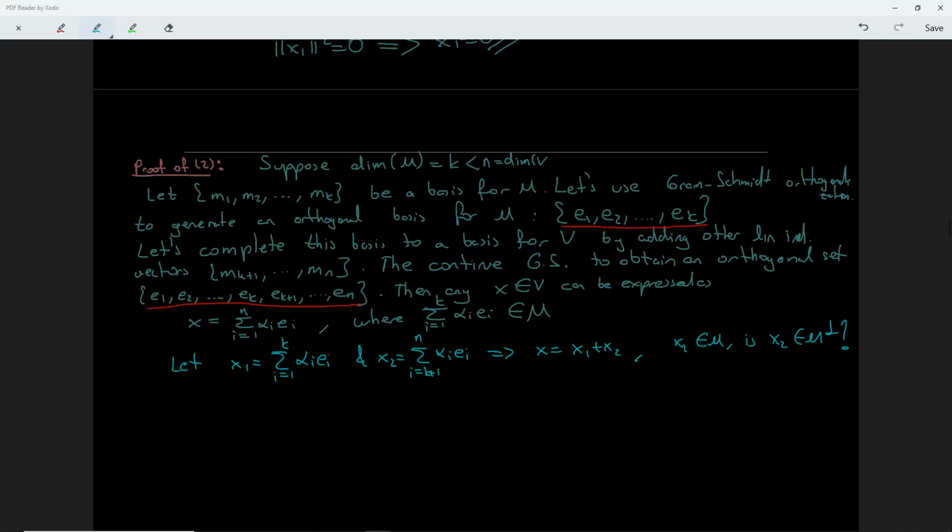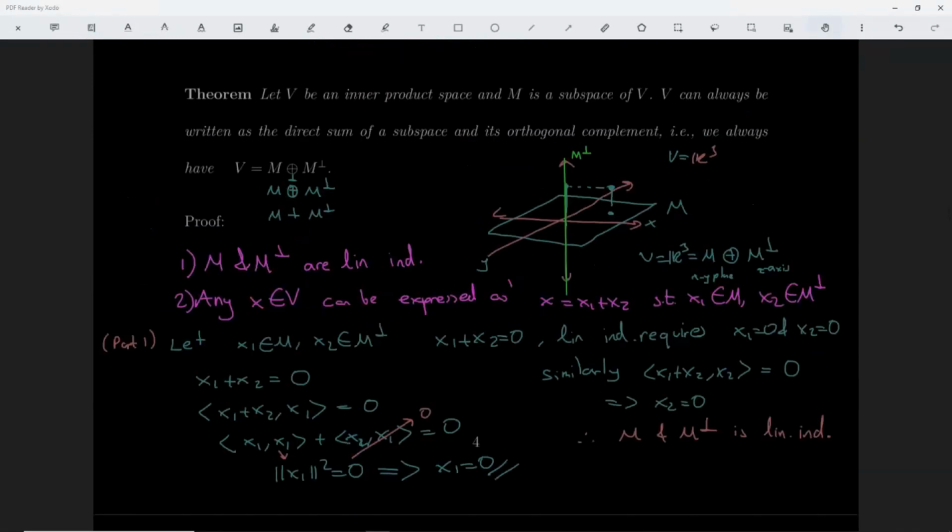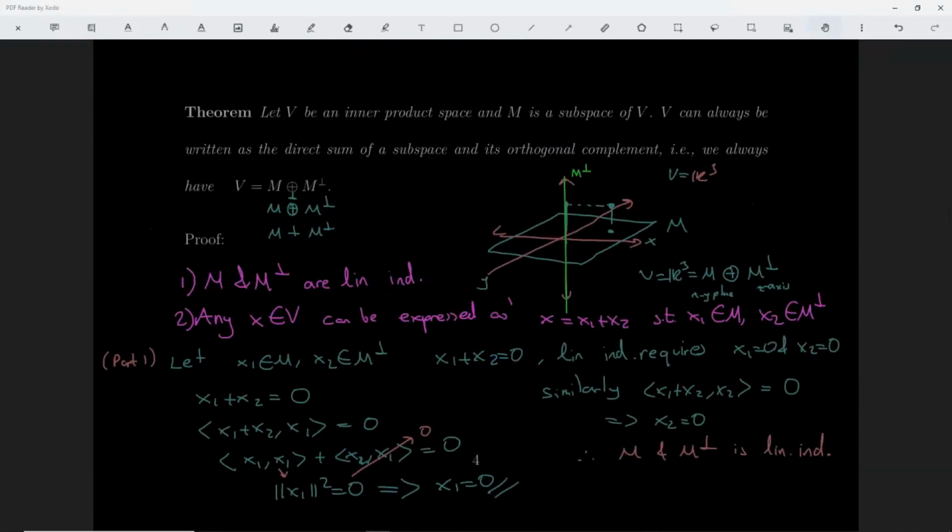Sure, the reason is that we would like to obtain an orthogonal basis for the vector space V, because the main goal of the theorem is that we would like to show V can be written as a direct sum of M and M its orthogonal complement, right?